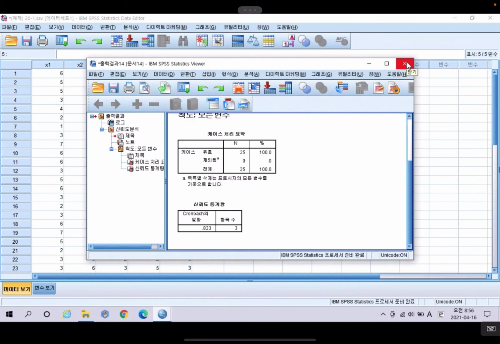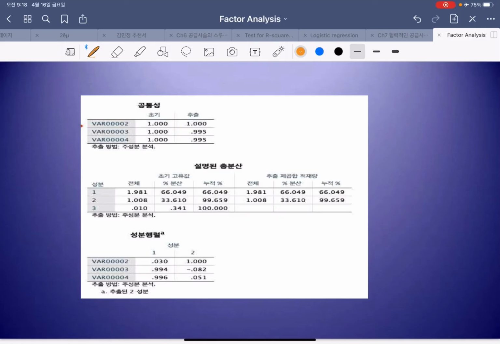Now let's go back to PowerPoint. So we are back to PowerPoint. This is the output for factor analysis, right? So we had three variables: finance, marketing, and the HRM scores, right? And it turns out that we have two factors here, 1 and 2, right? I'll explain why we have two factors here, right?